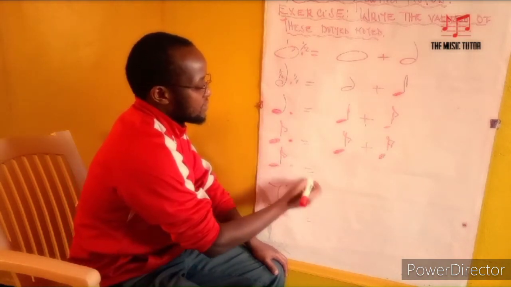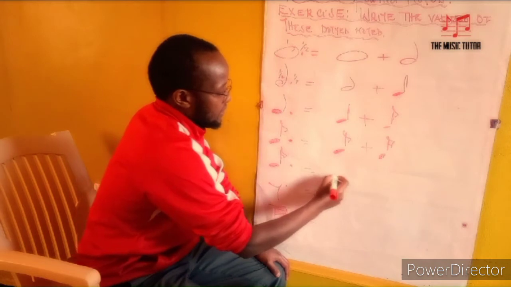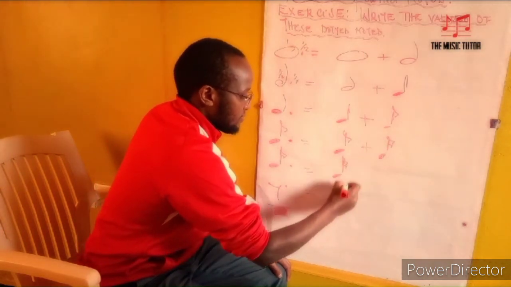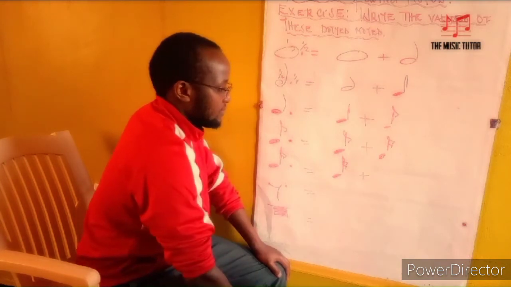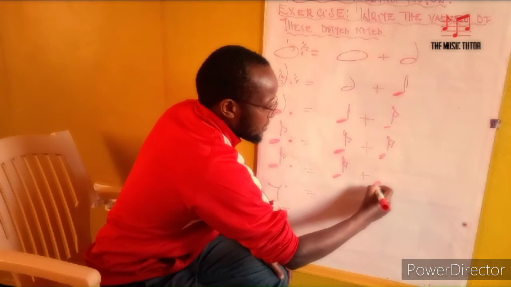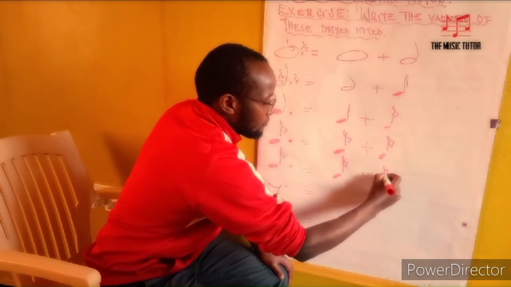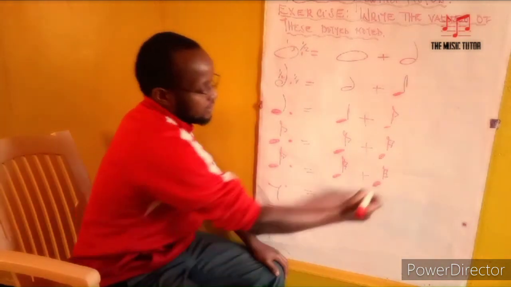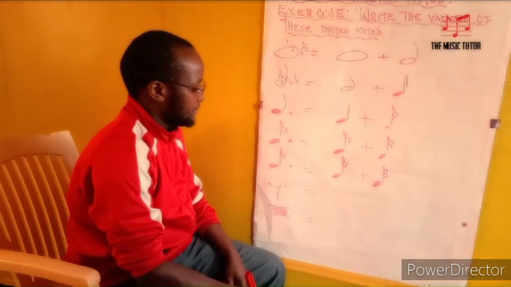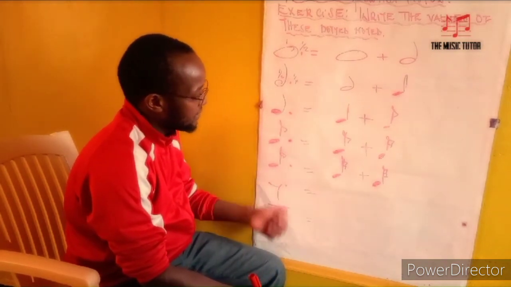The semi-quaver dotted should be a semi-quaver plus the value of this dot, which is half of this, meaning it's a semi-demi-quaver, which has 3 flags. This is the value of a rest of a quaver.